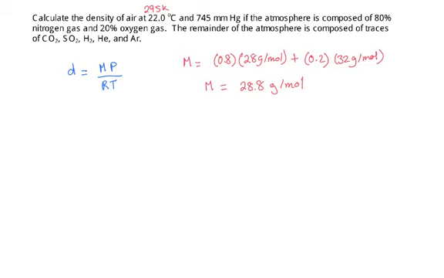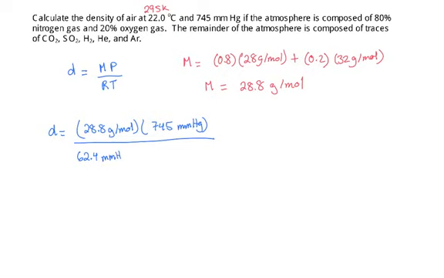So D is equal to 28.8 grams per mole. P is 745 millimeters of mercury. R, since I'm using pressure in millimeters of mercury, I'm going to use 62.4 millimeters of mercury times liters over mole Kelvin. And T is given to me as 295 Kelvin, and you solve for the density.